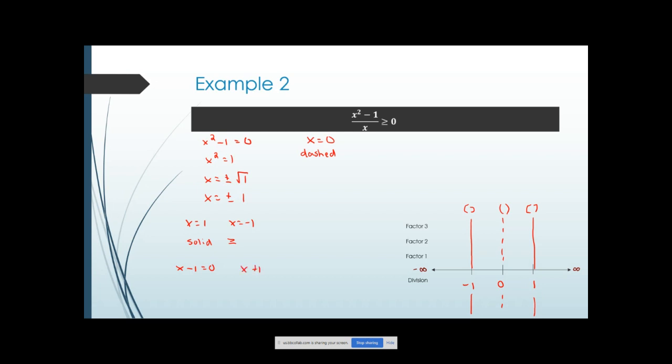So your factors are basically going to be x and then the opposite sign of what it is. So if you use the quadratic formula even and you got 1, then your factor would be x minus 1. So it's going to be the opposite of the sign. So I have x minus 1, x plus 1, and then x.